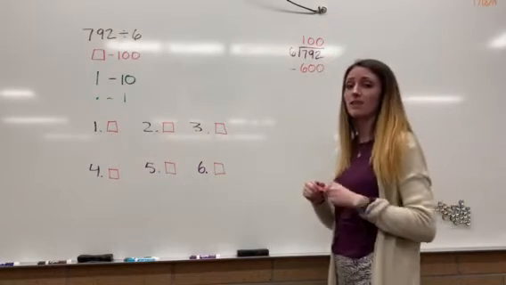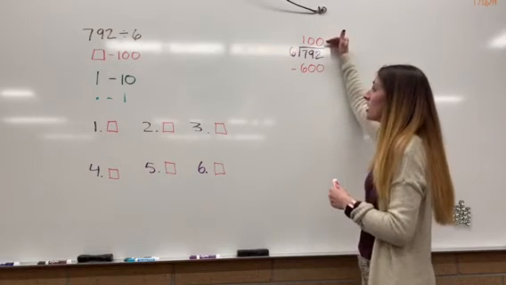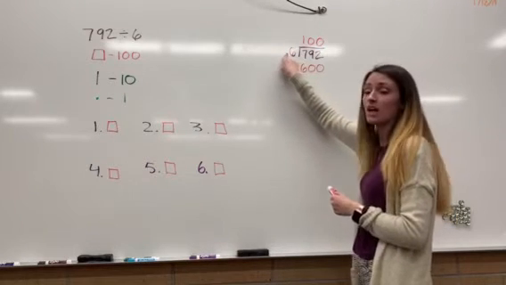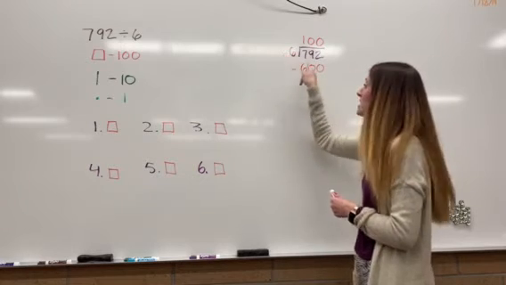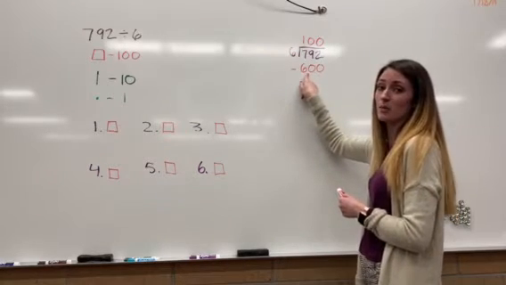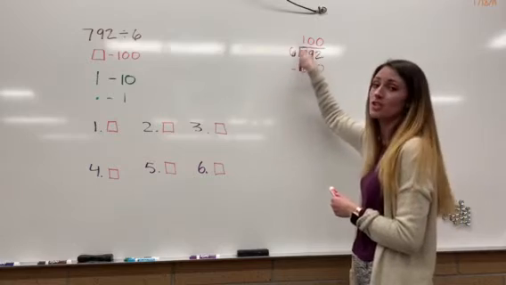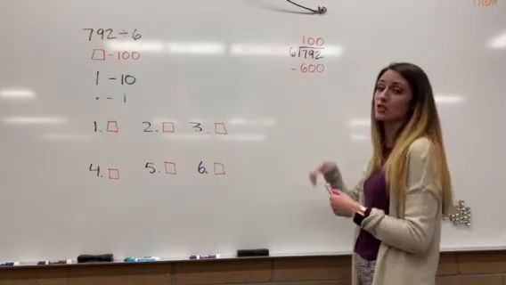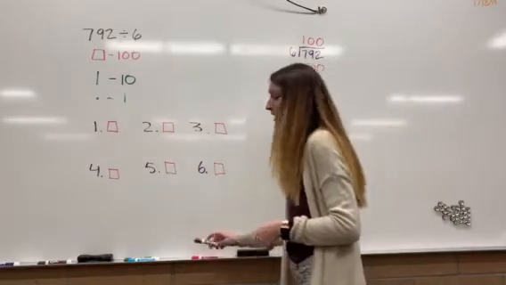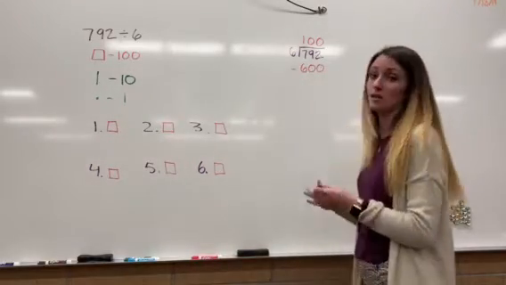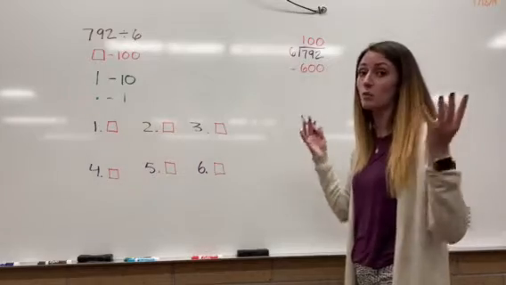I can double check this because whatever I put on top, I should be able to times by my group number to get this number. So 100 times 6 equals 600. So I know that right now I'm on the right track. I'm going to pick back up my neutral color and I'm going to minus this so I know what I'm working with now.